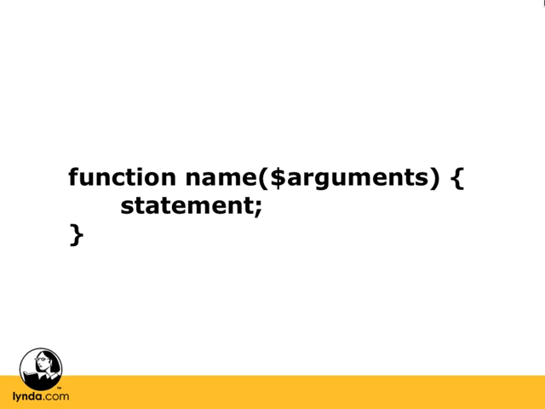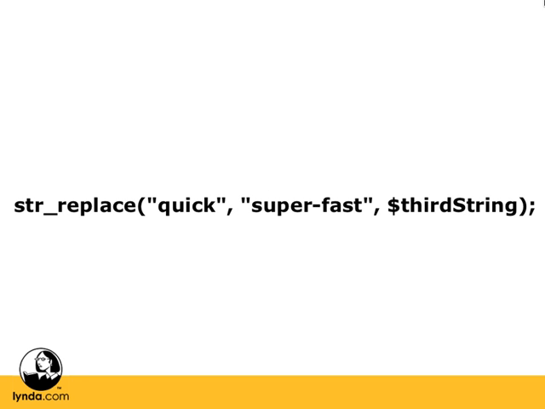In the chapter on types, when we were looking at strings, we took a look at the string replace function, and we replaced the word quick with the word super fast inside our string, which was the quick brown fox, etc., etc. So this is a function, and this is not a function being defined, this is a function being called. So this is what it looks like when we're calling a function and we want to execute a bit of code using some arguments. And quick, super fast, and third string are the three arguments that string replace uses.